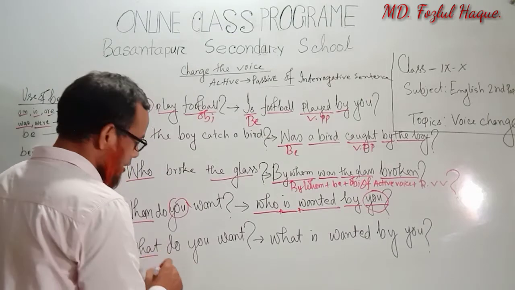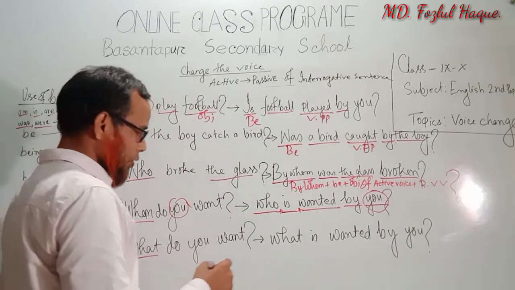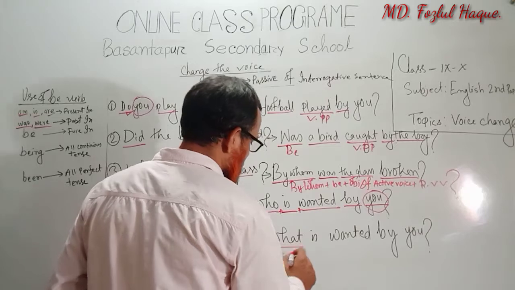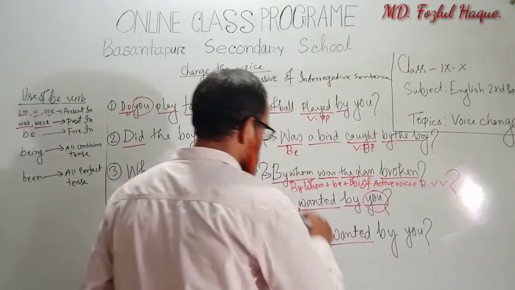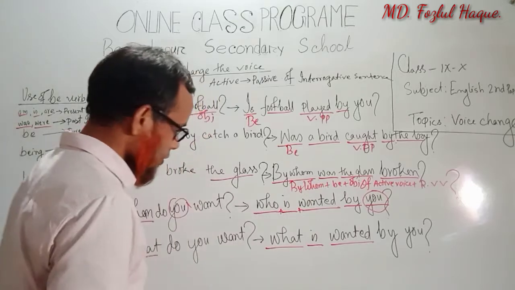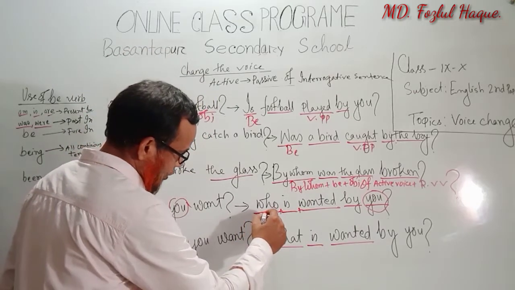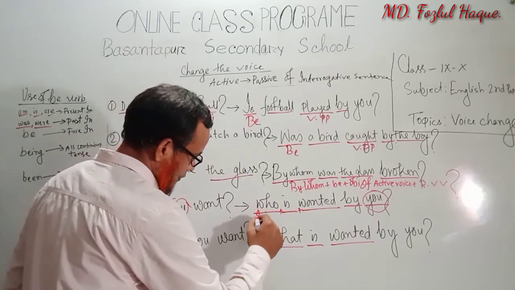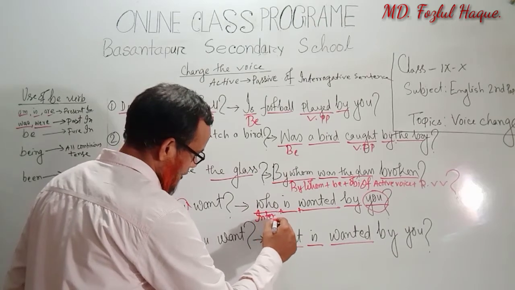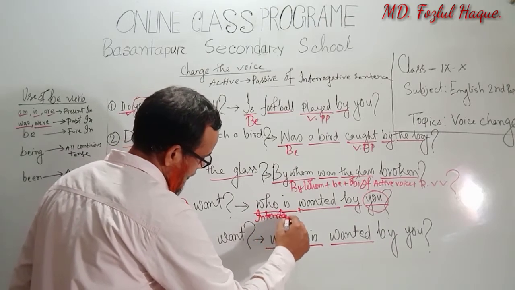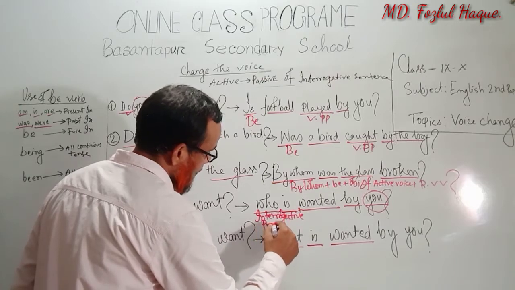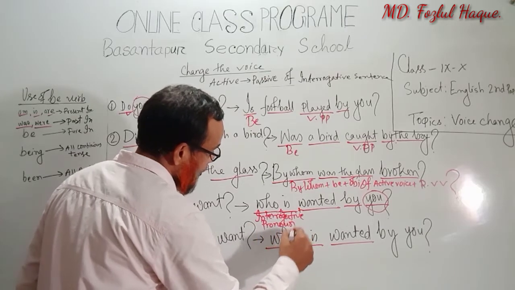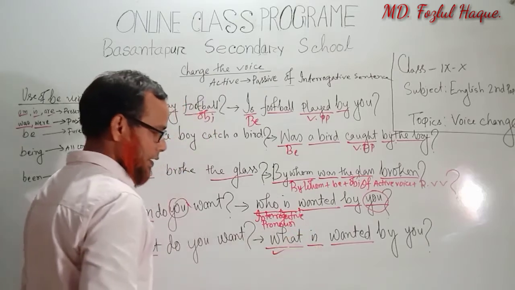Next, what. This is also used as subject, then be verb, then past participle form. This is similar. Who is also an interrogative pronoun. It is also the same.